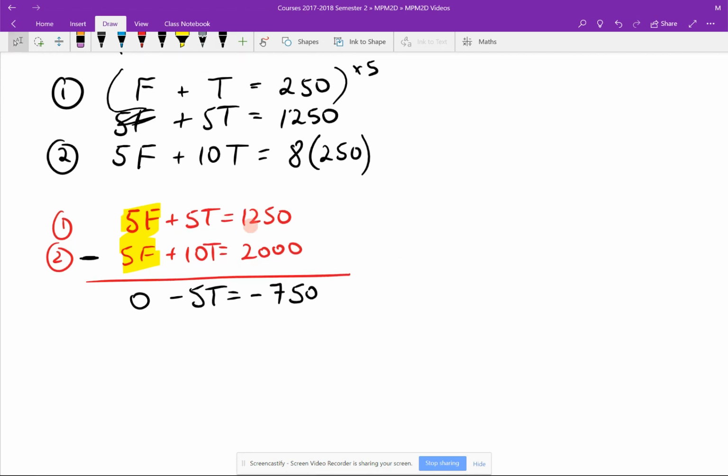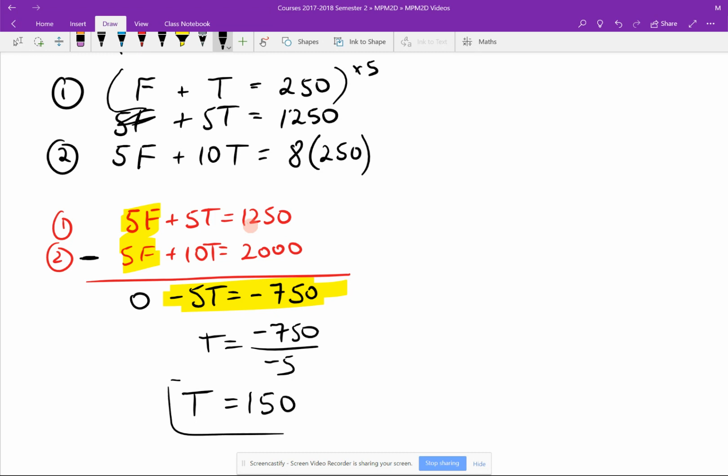Now I have an equation to solve for T. If I divide both sides by negative 5, T equals negative 750 divided by negative 5, which is 150. So right away, I need 150 milliliters of the 10% acetic acid.